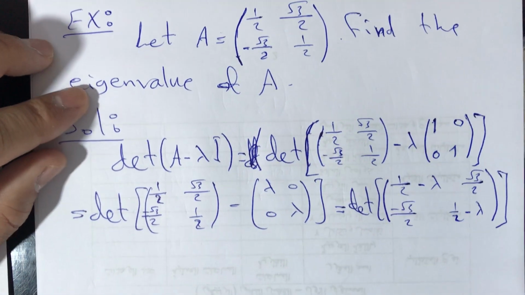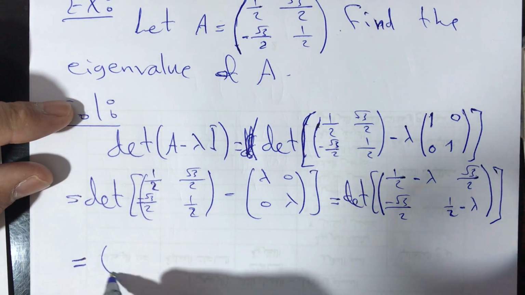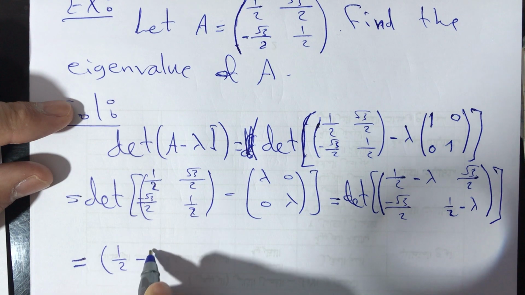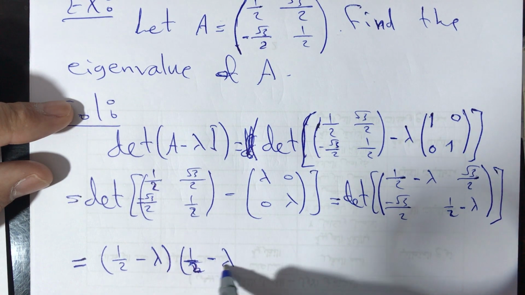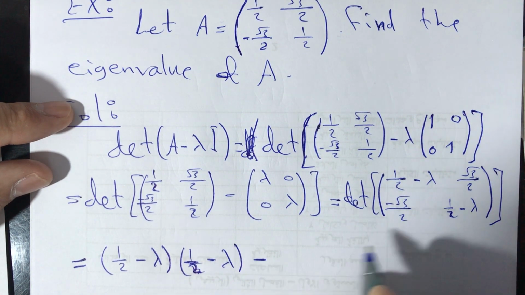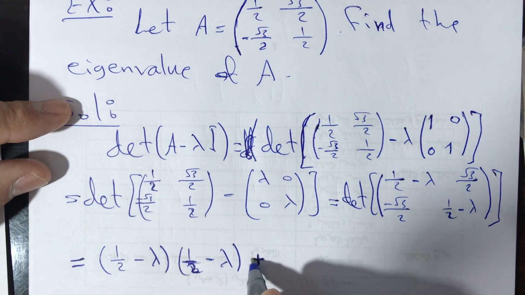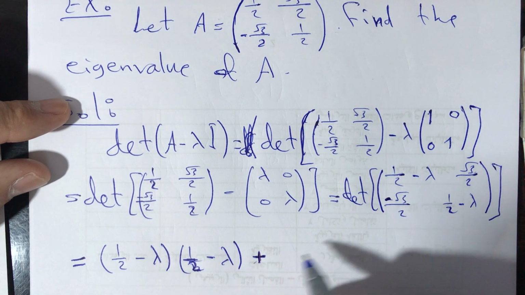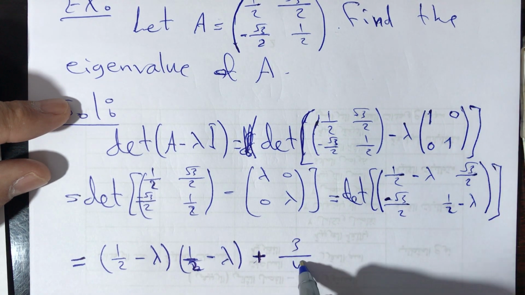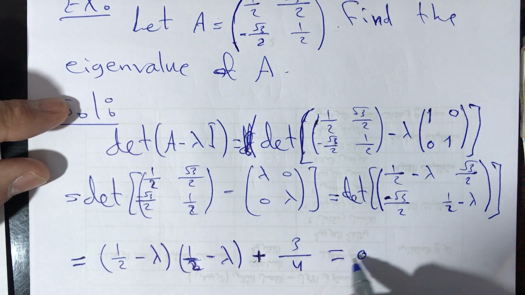If we take the determinant, this will be equal to 1/2 minus lambda times 1/2 minus lambda, minus this times this. Minus times minus will be plus, so this is plus 3 by 4, and we make this equal to 0.